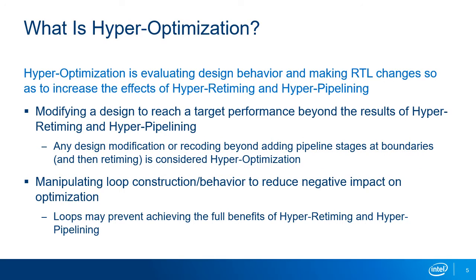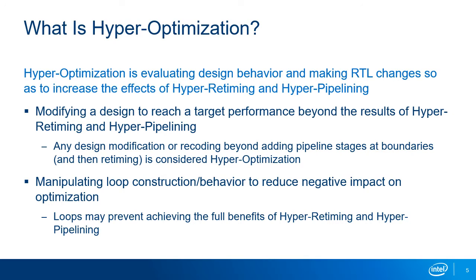Hyper-optimization is the process of evaluating design behavior and making changes to the RTL so as to increase the benefits of hyper-retiming and hyper-pipelining. Essentially, you use hyper-optimization when you want to achieve clock speeds faster than what is possible with just hyper-retiming and hyper-pipelining alone, or making changes beyond simply removing retiming restrictions and adding more pipeline stages.